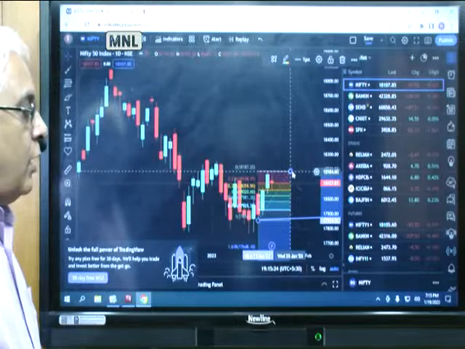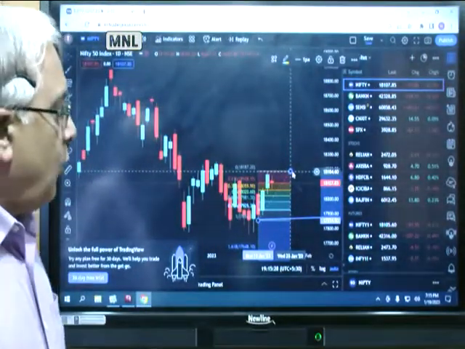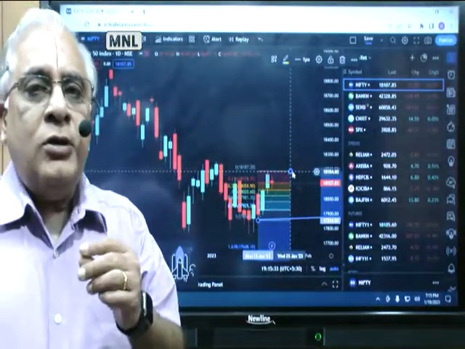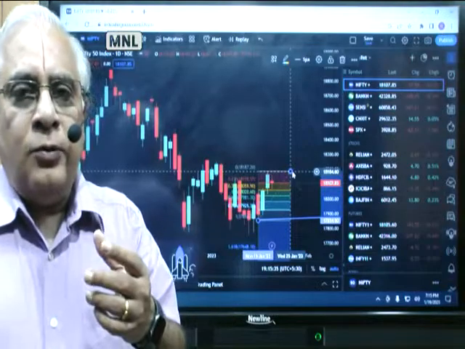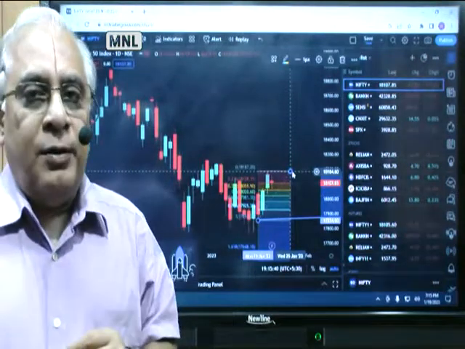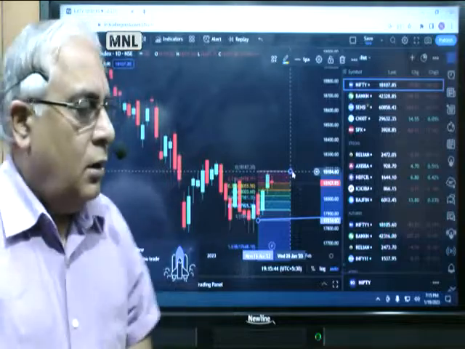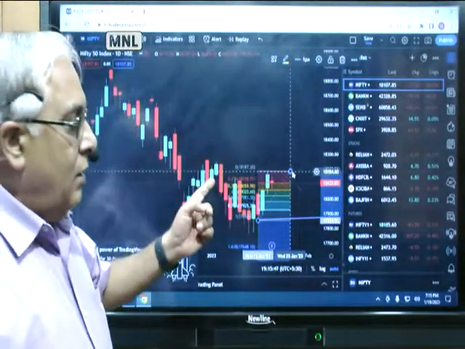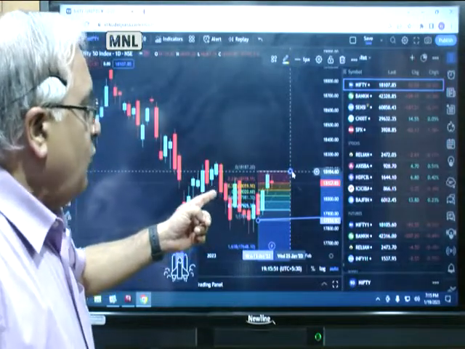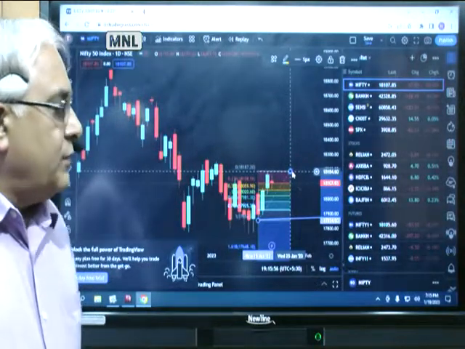Today when it fell, the 38.2% retracement held. Of all the Fibonacci ratios, 38.2% and 61.8% retracements are the significant retracement points, and the last important level is the 78.5% retracement. Today when it fell, the first support was the 38.2% retracement, which held.